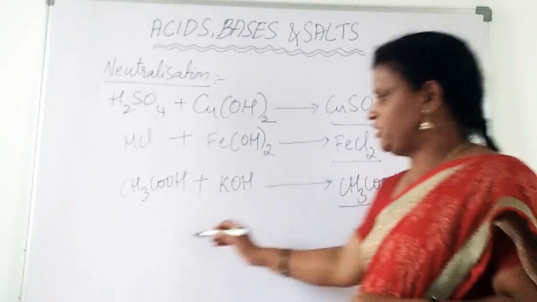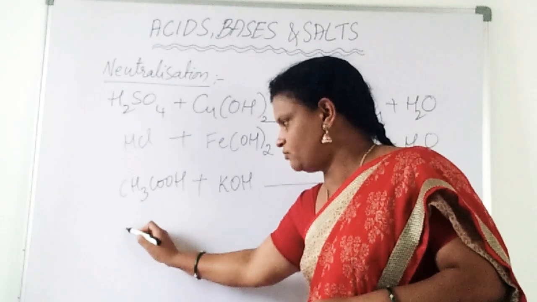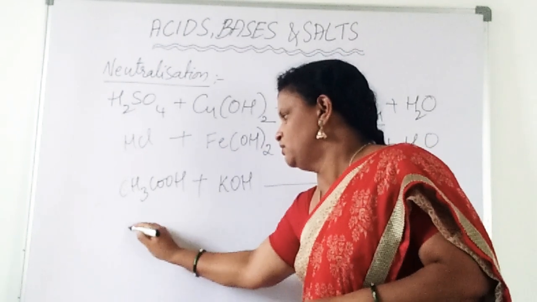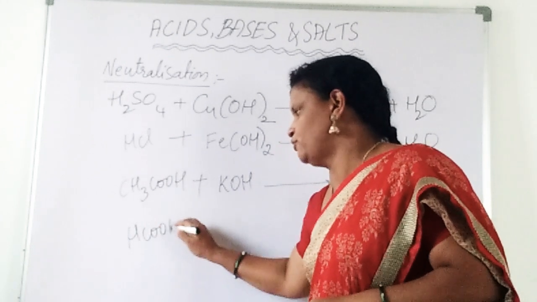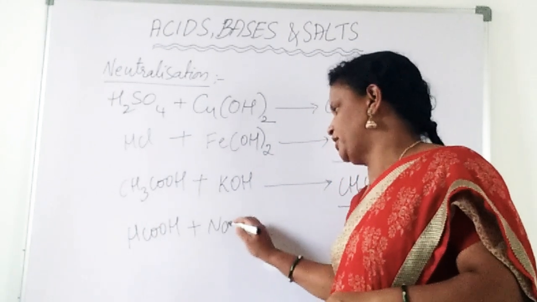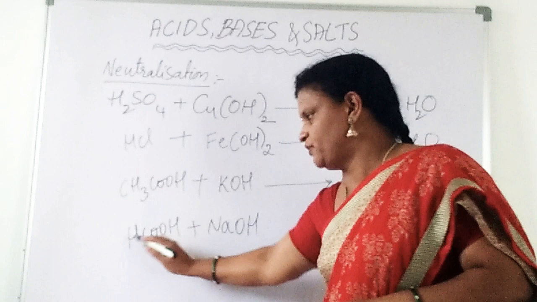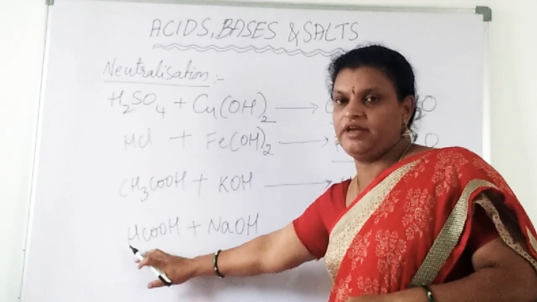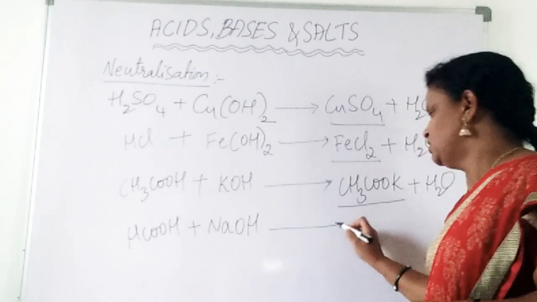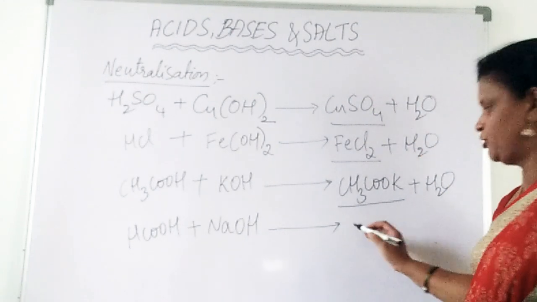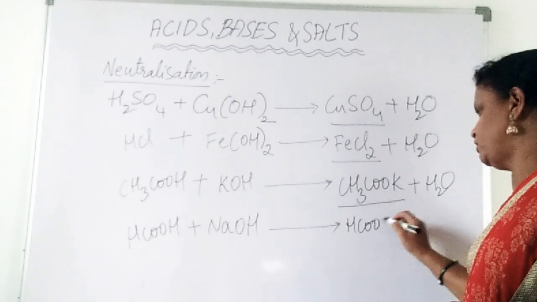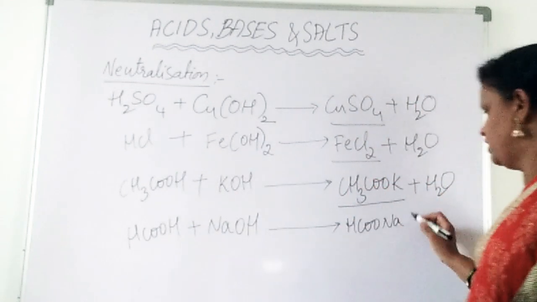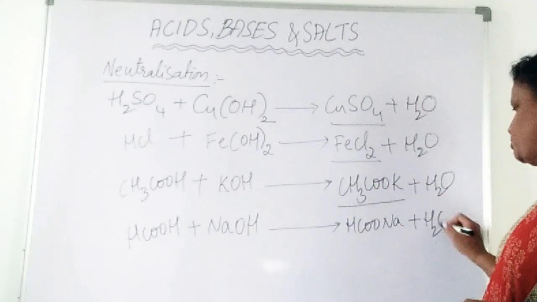Same like that, if you take some acid, let us take here formic acid, HCOOH, reacting with sodium hydroxide. These two are weak acid and strong base. So the salt produced is HCOONa, sodium formate, and along with that water also is produced here.